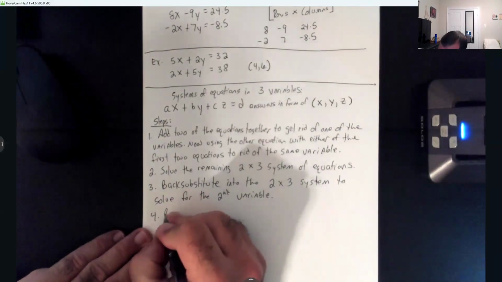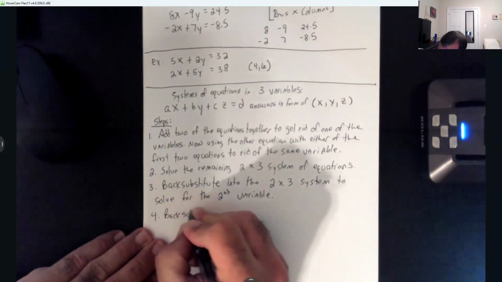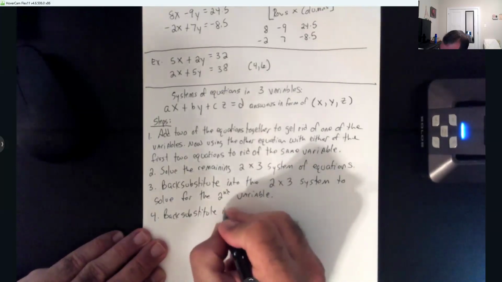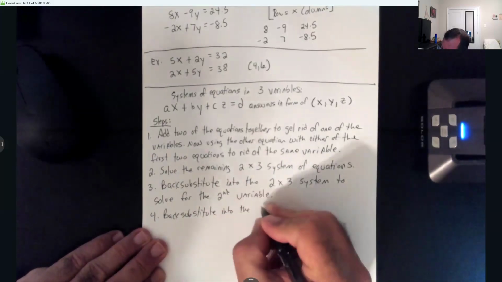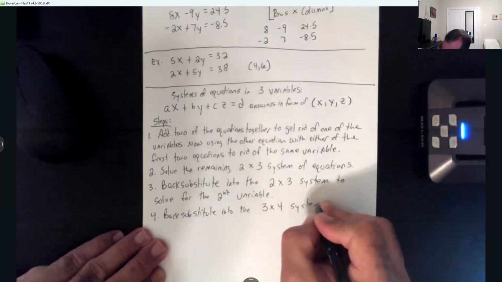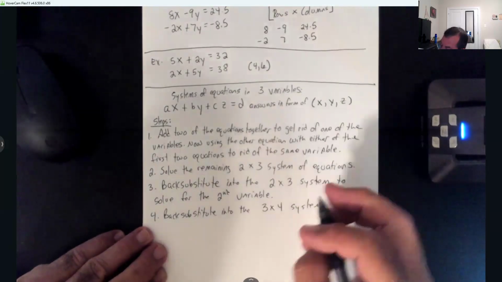So then I'm going to back substitute into the 3x4 system to solve for the last variable.